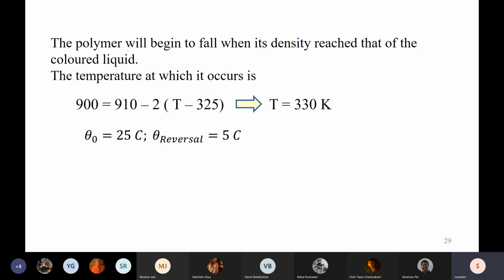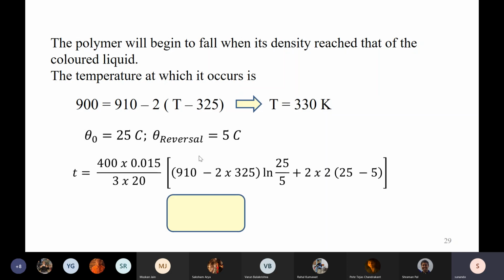You know all the values, so you could put everything in there and find the time to be about 500 seconds. So it would take about 500 seconds, close to maybe 8 or 8.5 minutes, for the droplet to slowly rise.